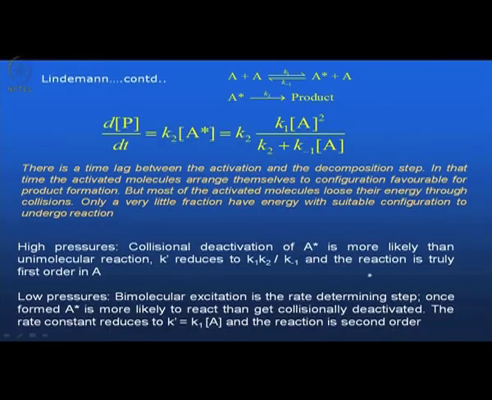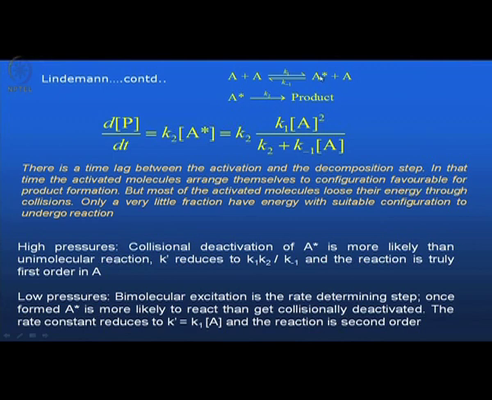This means they have a larger probability of having collision with another molecule, another excited molecule. Okay. So, collisional deactivation of A star is more likely than a unimolecular reaction.